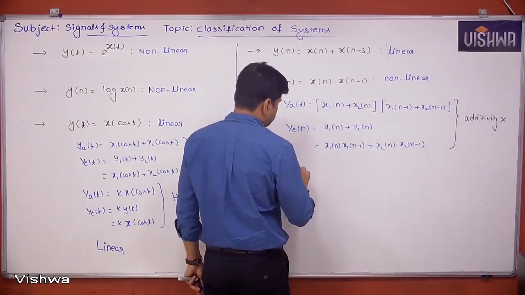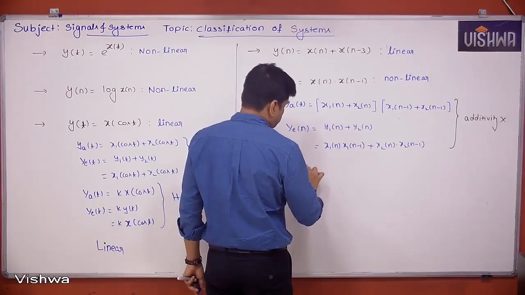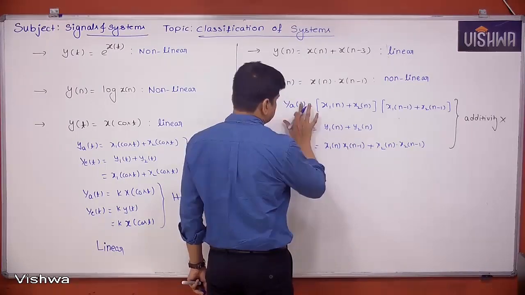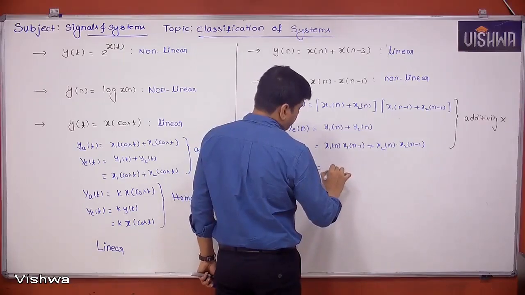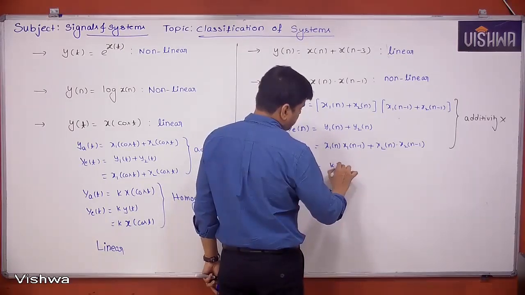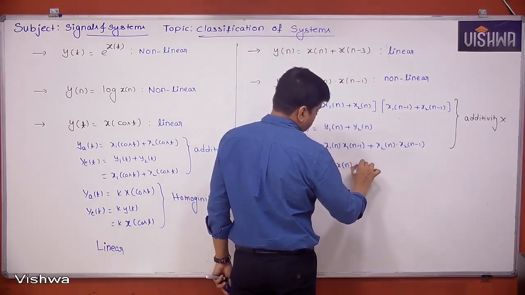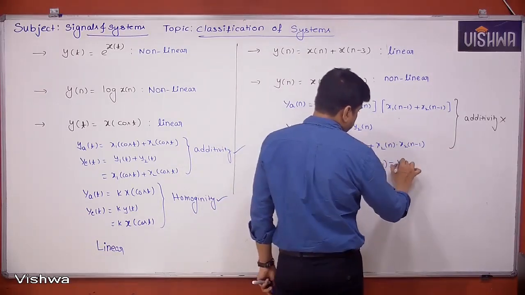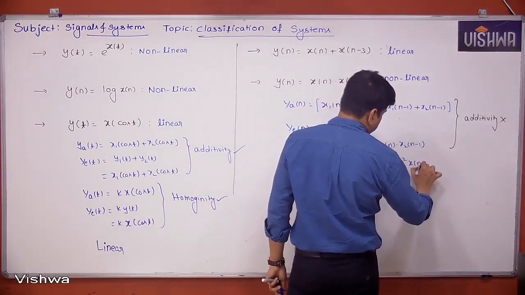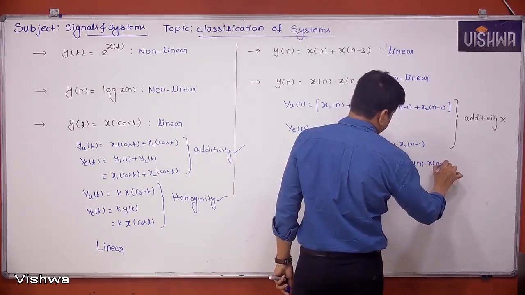Let's check it out. Actual output for homogeneity: wherever x is there, that has to be replaced with kx of n multiplied with kx of n minus 1. So finally, this is k square x of n into x of n minus 1.